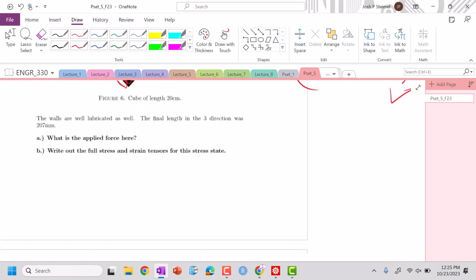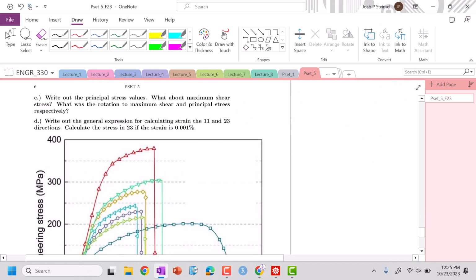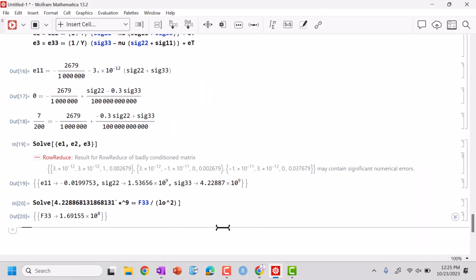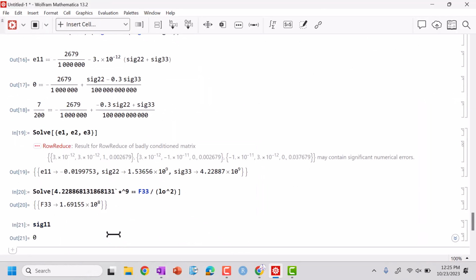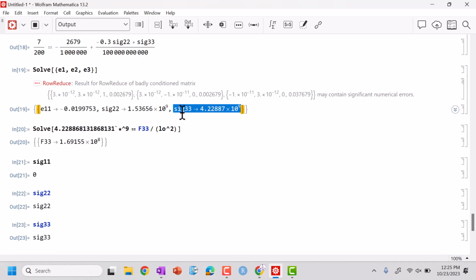So we can go ahead and look here. Applied force, we got it. Stress and strain tensors, we got it. Principal stress values, so again, rotation and principal stress, 0. Rotation maximum shear, 45 degrees. Maximum stress, let's do sigma 1-1, sigma 2-2, sigma 3-3. Actually, sigma 3-3 is here.